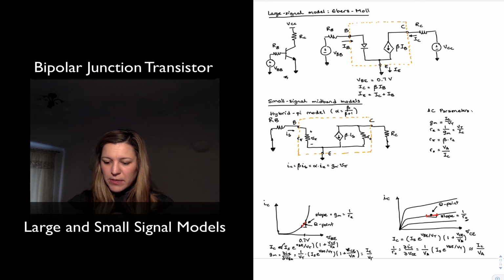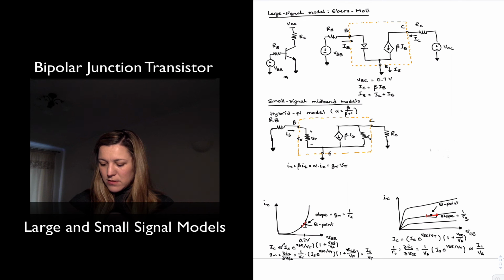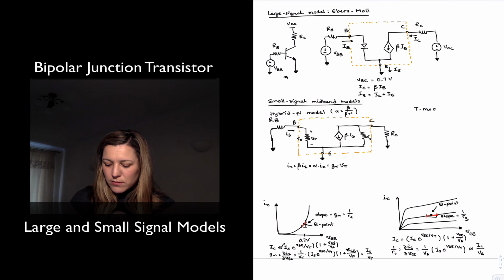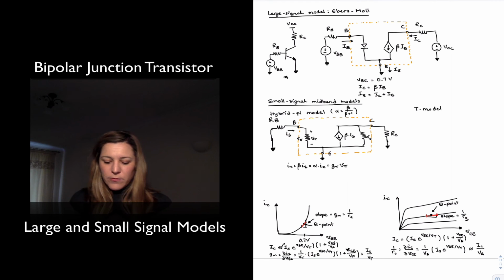Or I guess I'll just eliminate them. Hopefully you've taken note of them. But I'm going to draw that second model, which is the T model. This will be 1 and that will be 2.